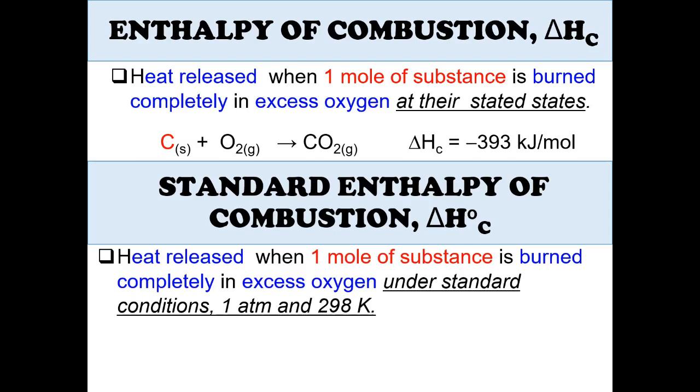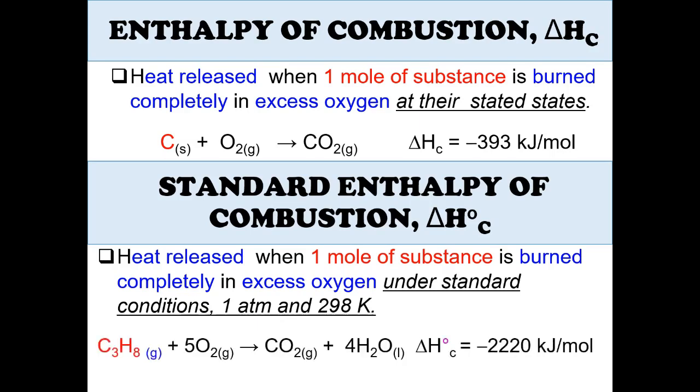Heat release means enthalpy of combustion involves an exothermic reaction. For example, C3H8 plus 5O2 produces 3 carbon dioxide plus 4H2O, delta H naught combustion C negative 2220 kJ per mole. Delta H value is always negative because combustion is exothermic.